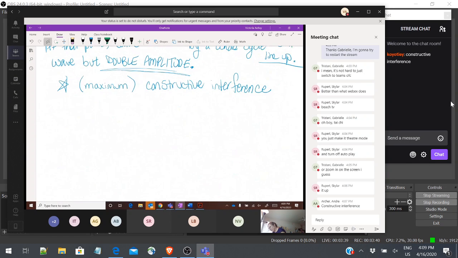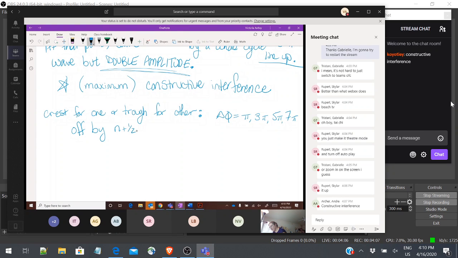If we have crest for one and a trough for the other, our delta phi is going to be something like pi, 3 pi, 5 pi, 7 pi. It's off by n and a half cycles.